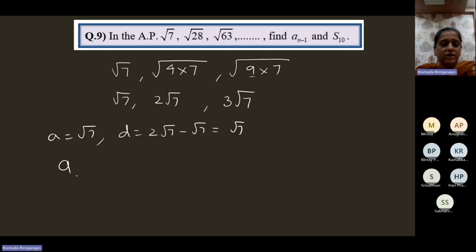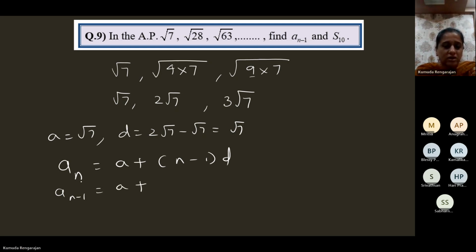See here, A n is A plus n minus 1 into D. So now A n minus 1 will be A plus, already it is n minus 1. You should write the term n and then minus 1. Here, what's the term? N minus 1. And then minus 1 into D.